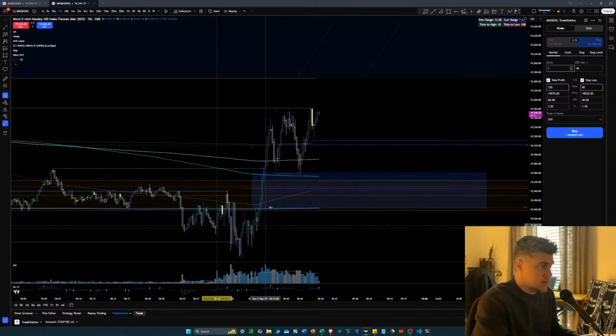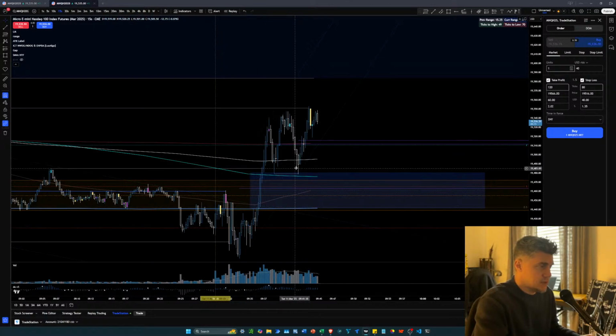No signals here. One signal here, kind of in the middle of nowhere. No signals here. Got to take the most aggressive entries. Wicks, just enter right in the wick.